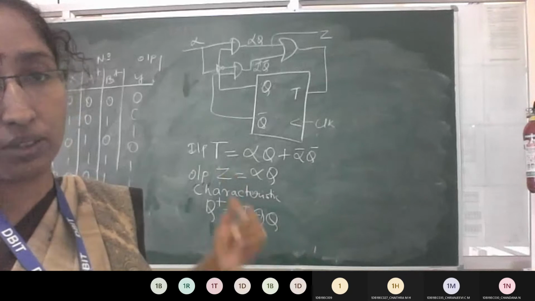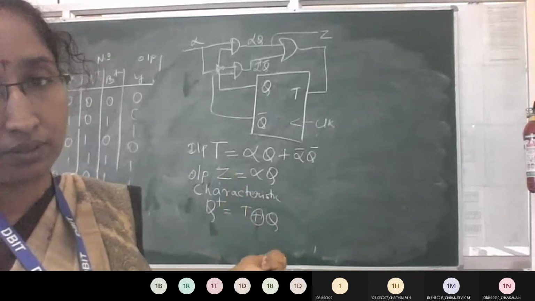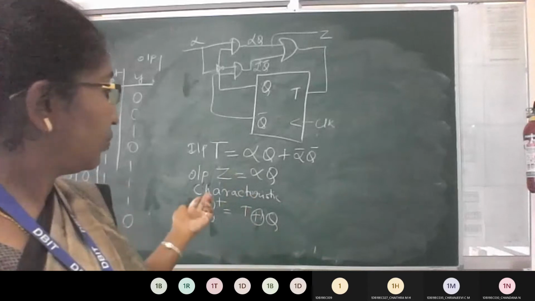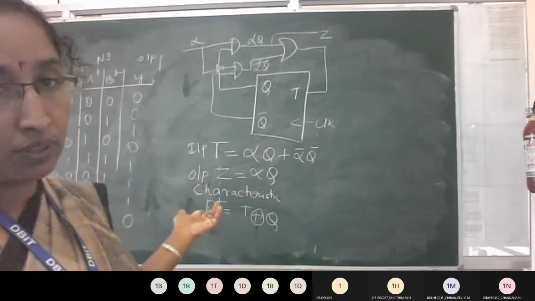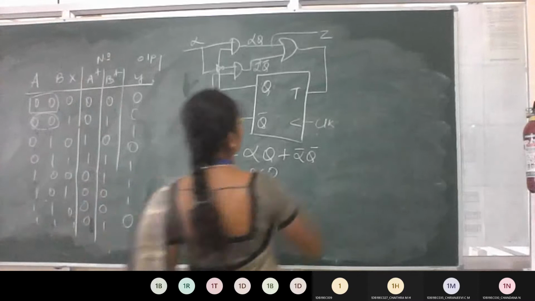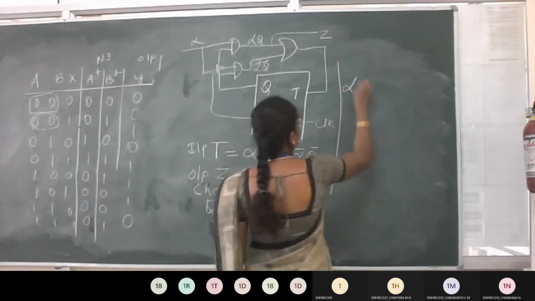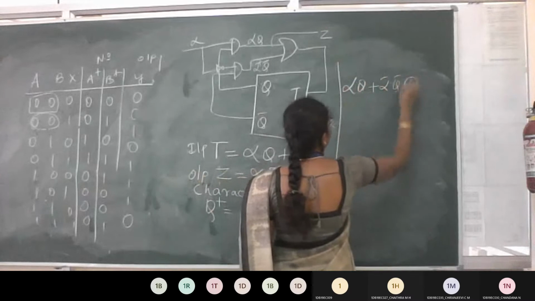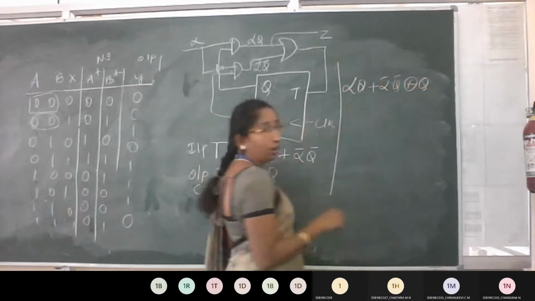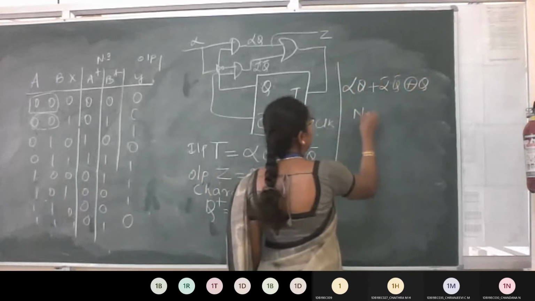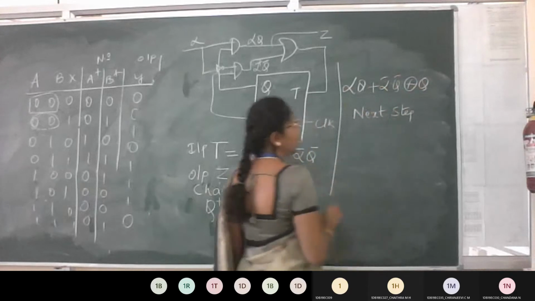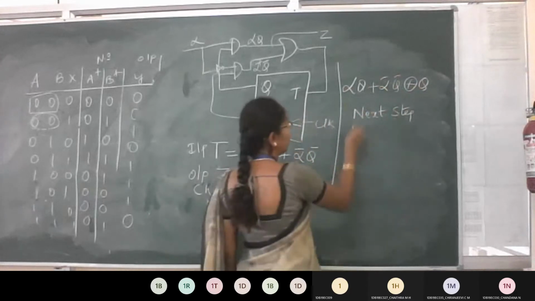You have to learn it, you can't leave it, you can't take a chance. Okay, so now you need to substitute the T value. After substituting the T value, you will get alpha Q plus alpha bar Q bar XOR with Q. Now you need to write the next step, the map.